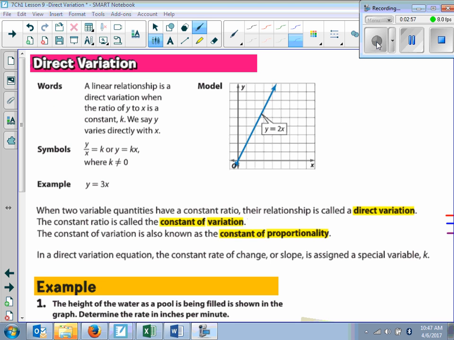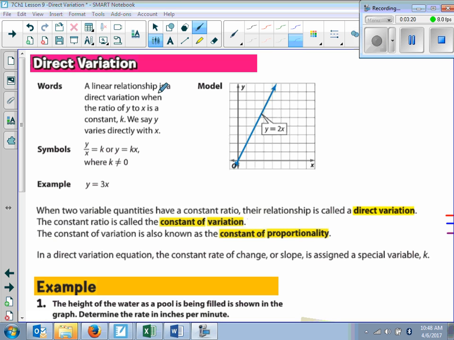All right, so direct variation. In a direct variation equation, that is a linear relationship when the ratio of y to x is constant. So when we're looking at the ratio of y to x, it will always be the same.